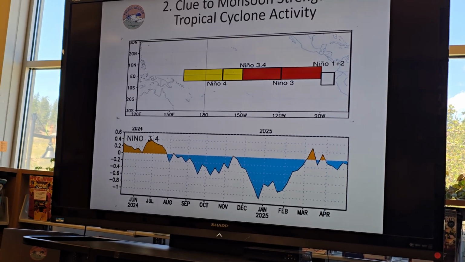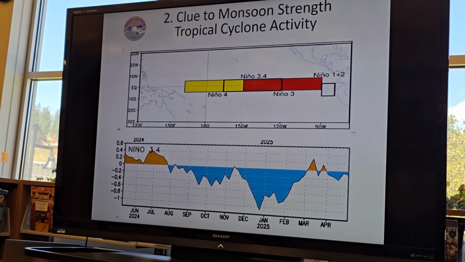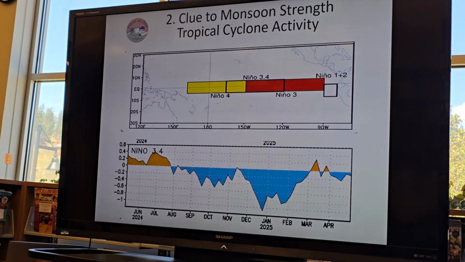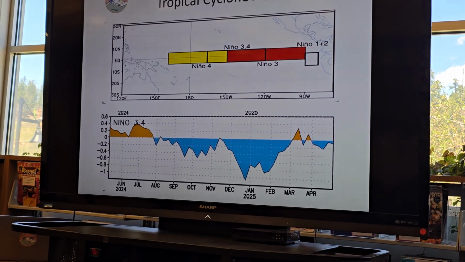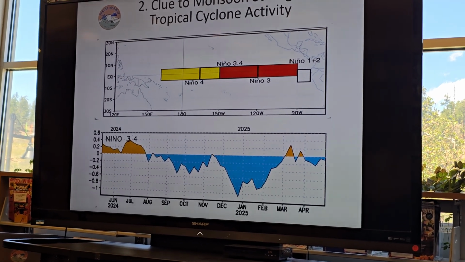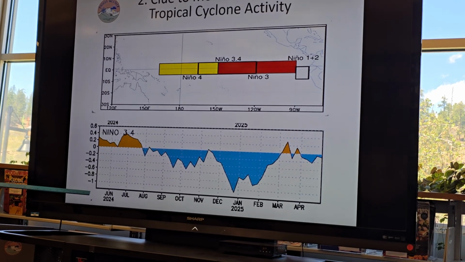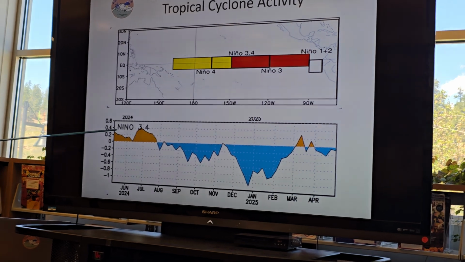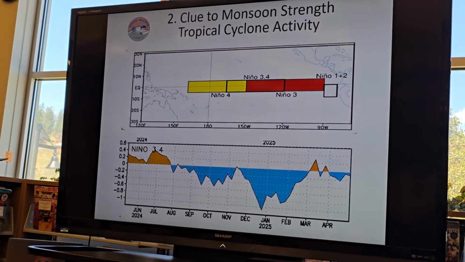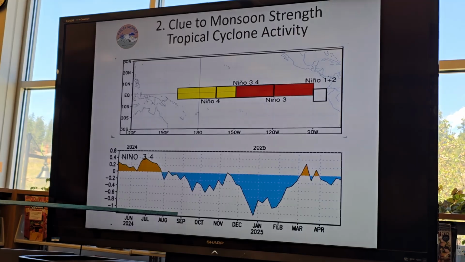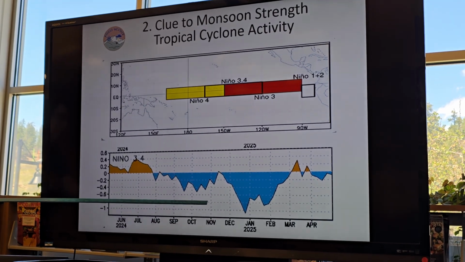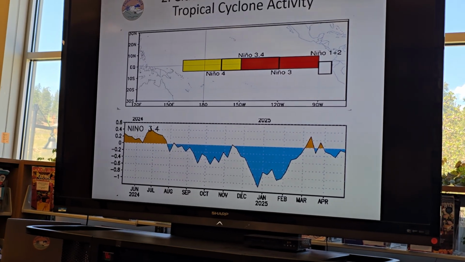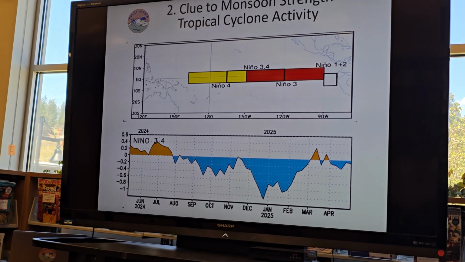Scientists have found that the water temperatures there align well with the weather that's going to happen here in North America, so they track this very closely. In June of 2024 it was very warm, more of an El Nino situation. As we got into January of 2025, we went into more of a La Nina situation, which accounted for part of our abysmal winter.